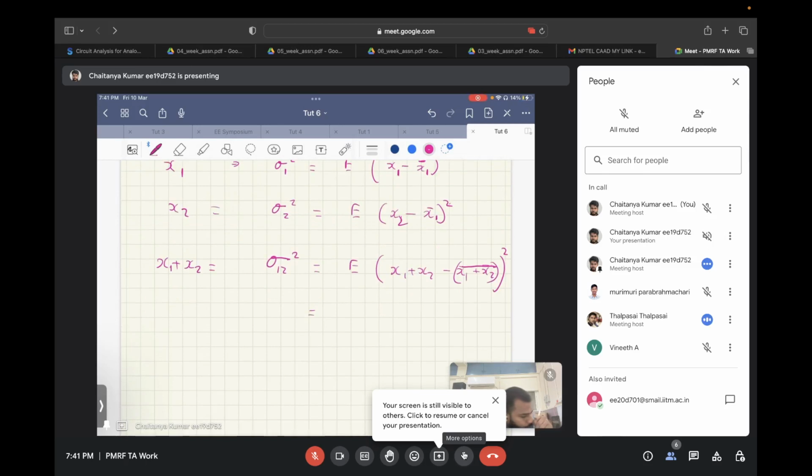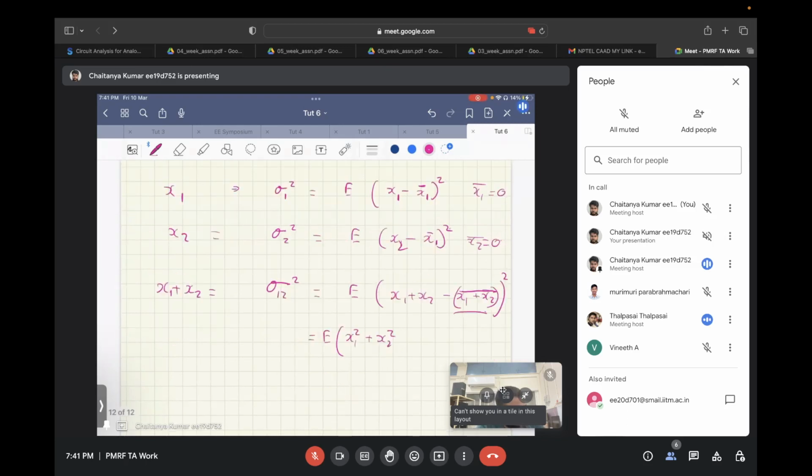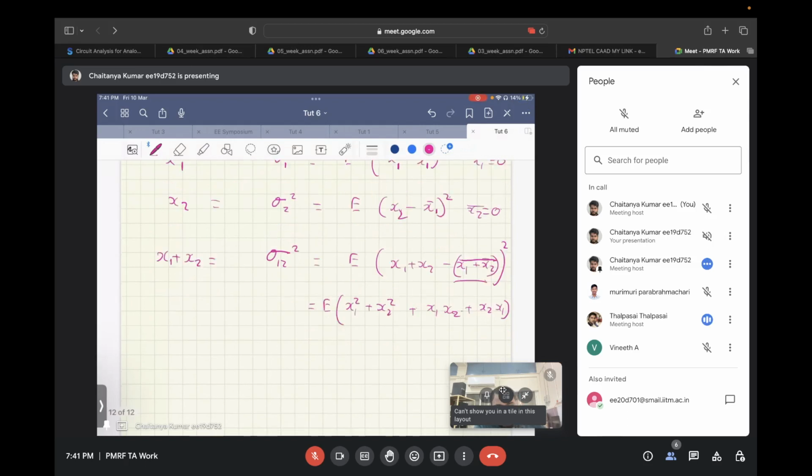So this you can write as x1 square plus x2 square. Let's say the mean is zero. Noise is generally zero mean. Let's say x1 bar is equal to zero and x2 bar is also equal to zero. So in this case, what will happen? x1 square plus x2 square plus x1 x2 plus x2 x1. Correct? Yes, sir.